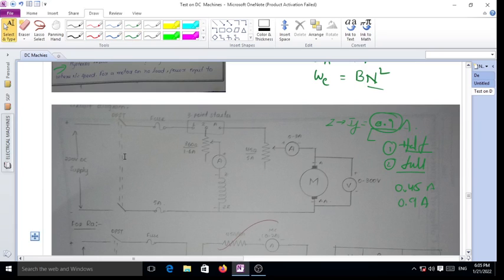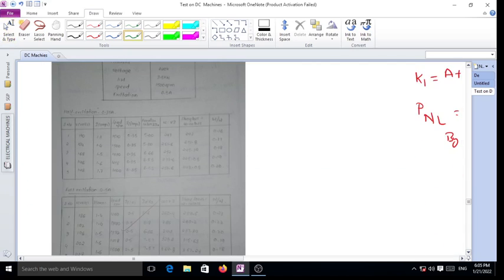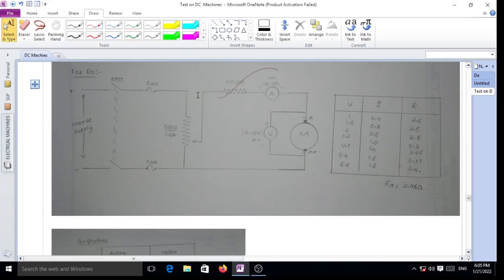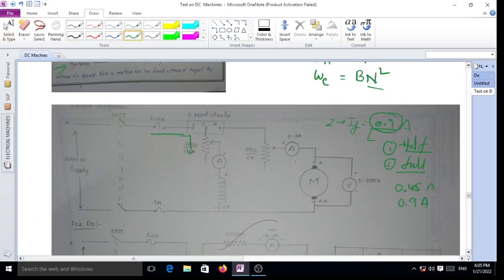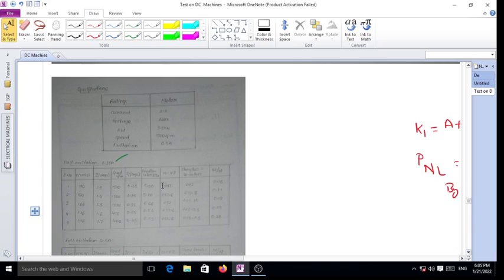So this is the circuit diagram. We run the machine at a given excitation, then change the speed. We note the armature current, the voltage across the armature, the speed and the field current.